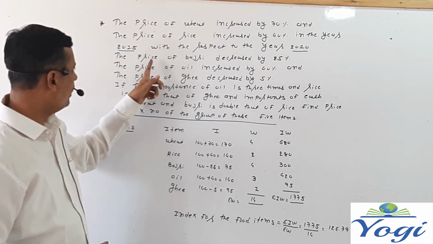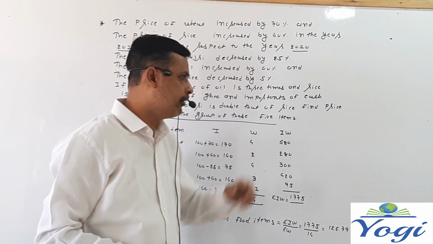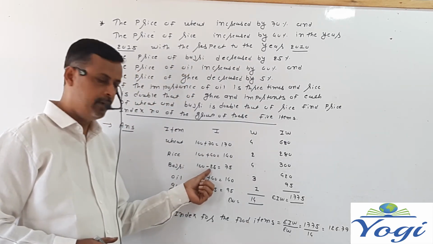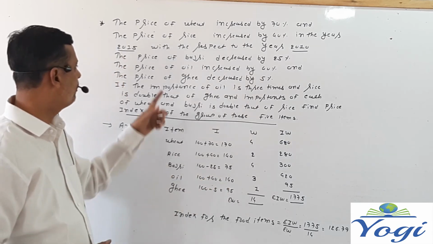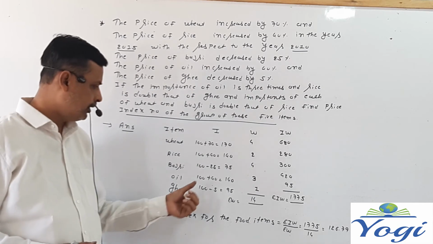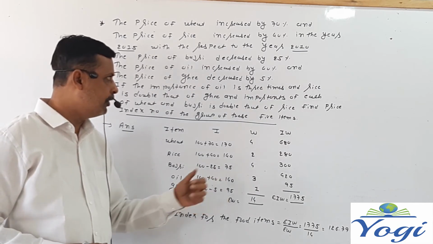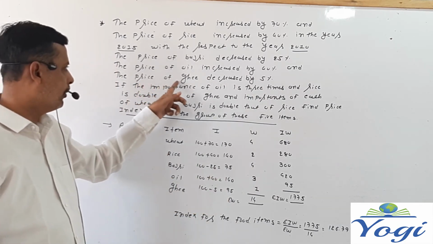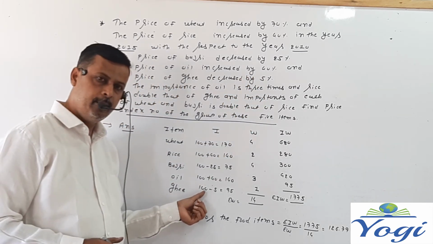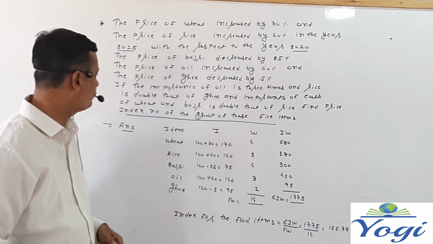Then the price of bajri decreased by 25%, so 100 minus 25 becomes 75. The price of oil increased by 40%, 100 plus 40 become 140. The price of ghee decreased by 5%, 100 minus 5 become 95.